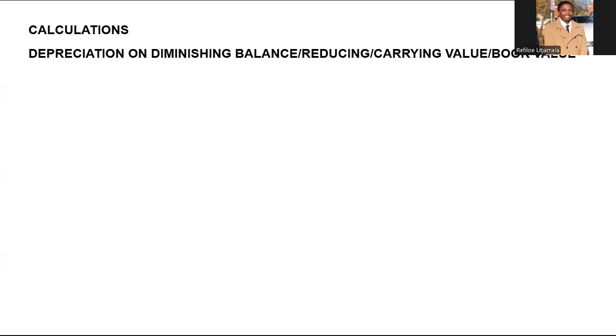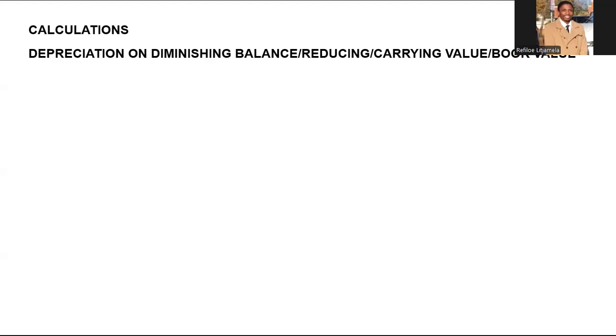When you calculate depreciation using this method, you will take your depreciation rate, determined based on the useful life of the asset, and multiply it by the carrying value of that asset. Then you get your depreciation.